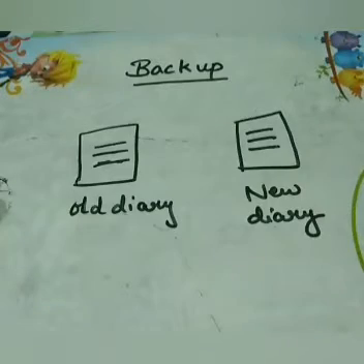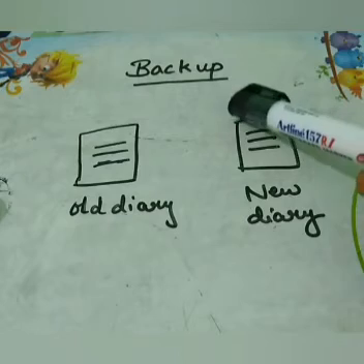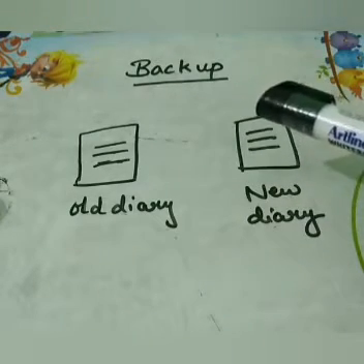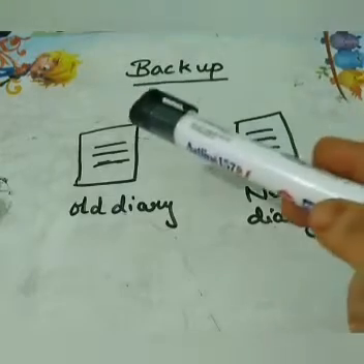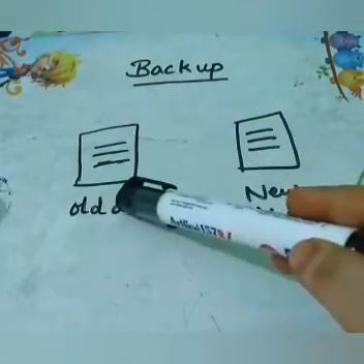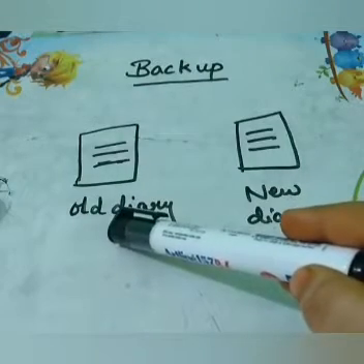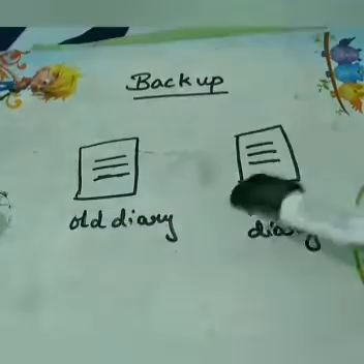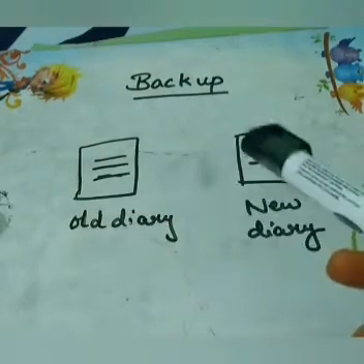Okay children, now here comes the next term, backup. Now children, to understand this, let us understand a situation. Suppose you have noted down all the names and addresses of your friends in a diary. Now this diary has become old and the pages have started coming out. Now what would you do? You must be afraid the pages will be lost.